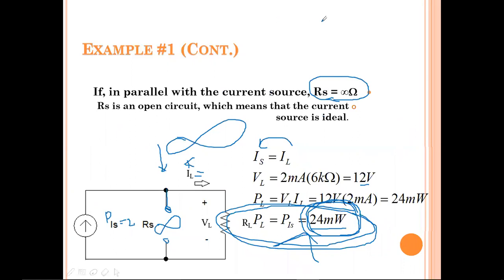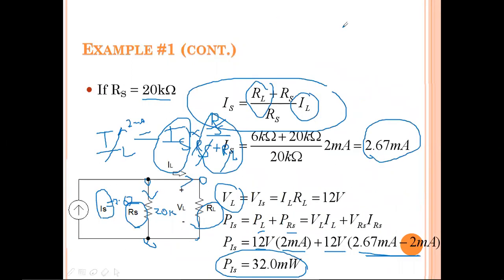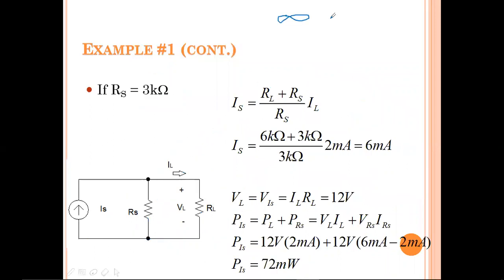RS is fixed, and VL and IL are also fixed.